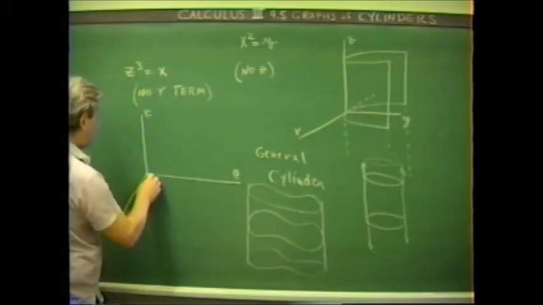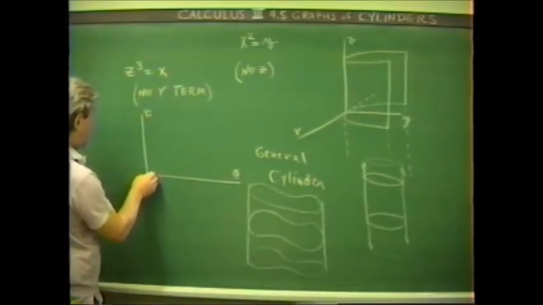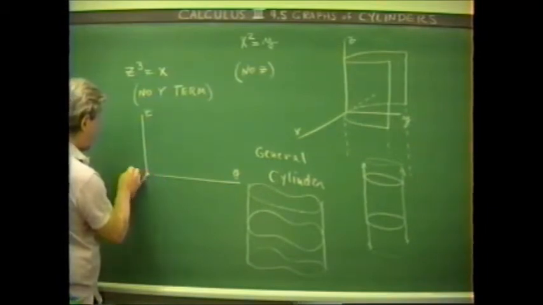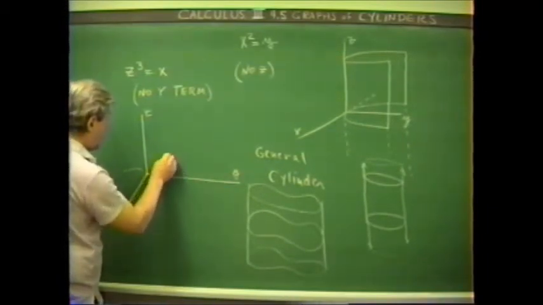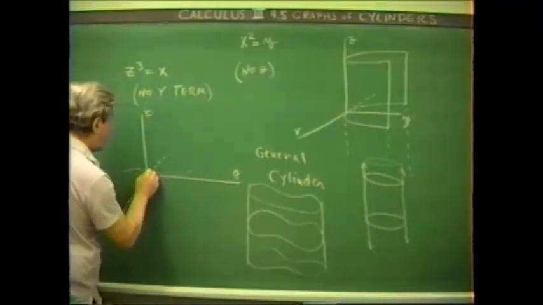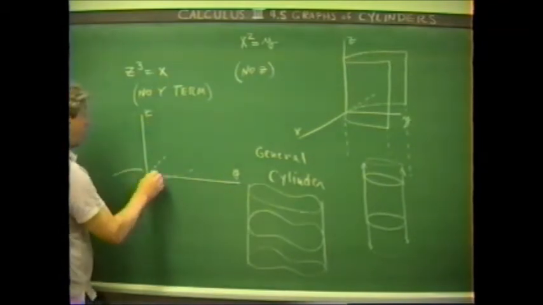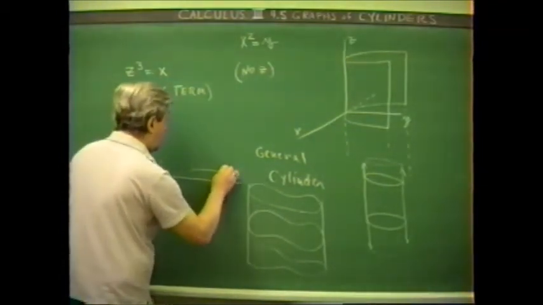x is a function of z, and as z becomes positive, it looks like this. And as z gets negative, it looks like this. And so the general graph of this is going to look like so.